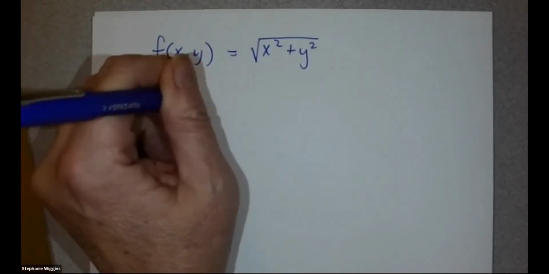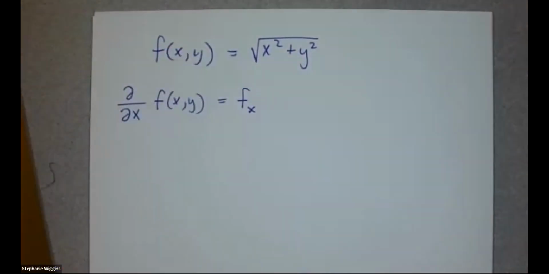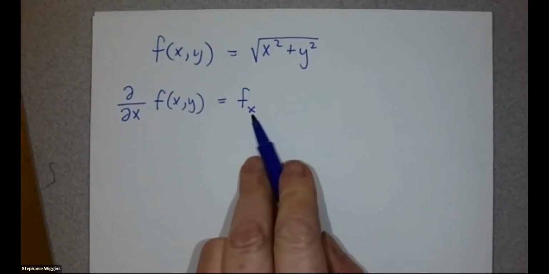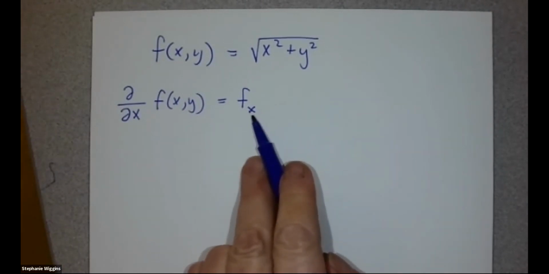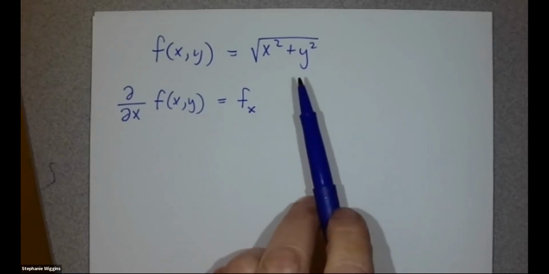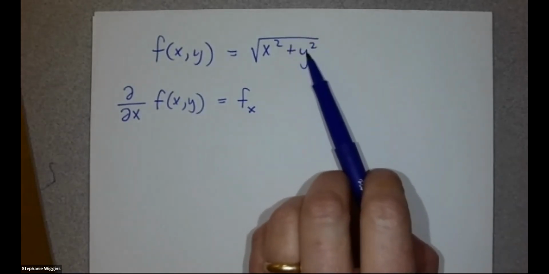So the notation that we use for this is f with a little x. This just tells you how you're differentiating it. And because I'm differentiating with respect to x, this y here is treated like a constant.